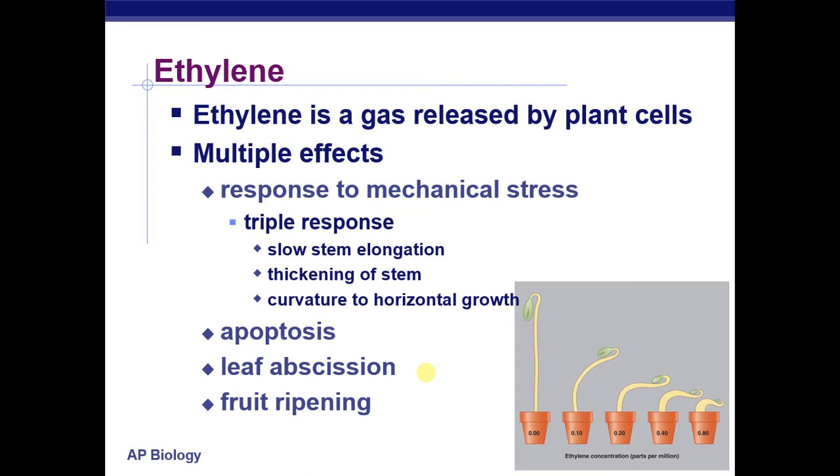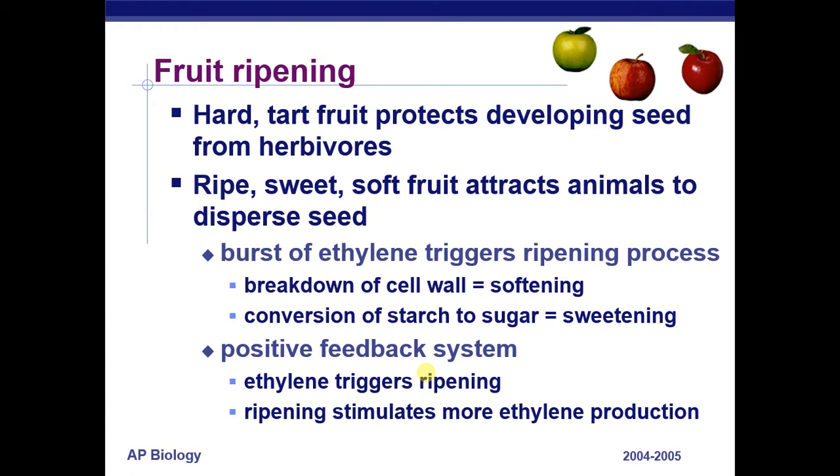It's also involved in apoptosis, so programmed cell death, getting rid of old and unuseful cells, and leaf abscission, so leaves falling off during the fall. But maybe most obviously or testable to us, it's used in fruit ripening.